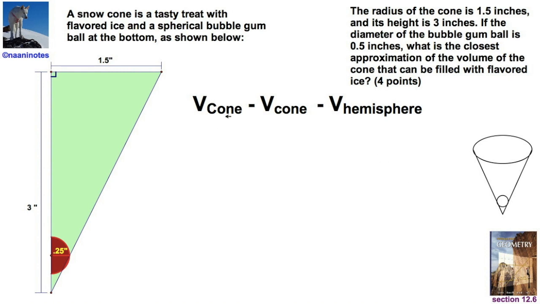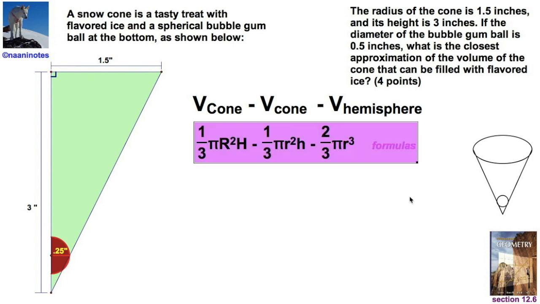I've got the volume of the cone, the big cone, use a capital C, minus the wee cone, and then the hemisphere. So I'm going to subtract all that stuff. I know the formula, pi r squared h, and in this case I might use capital R, capital H for the bigger one.